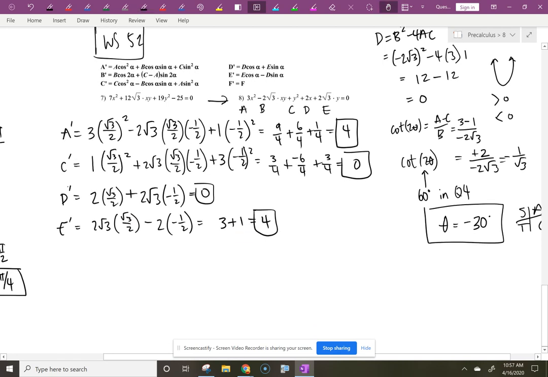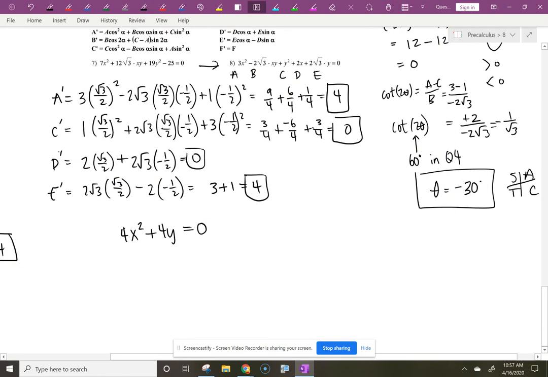So what does that mean? And then there's no F. So that means we have 4x squared, right? Because that's your A. And then we have no y squared, no xy, no x's. And then we have 4y. So plus 4y and then plus F equals 0. So there's our equation. Remember, I like to get the squares by themselves.